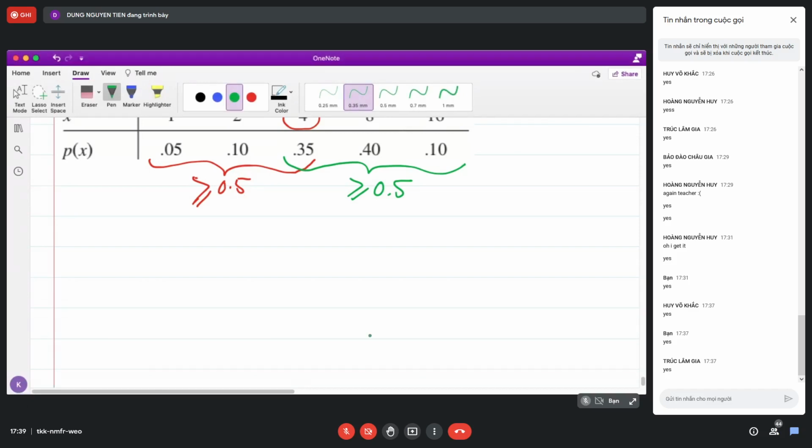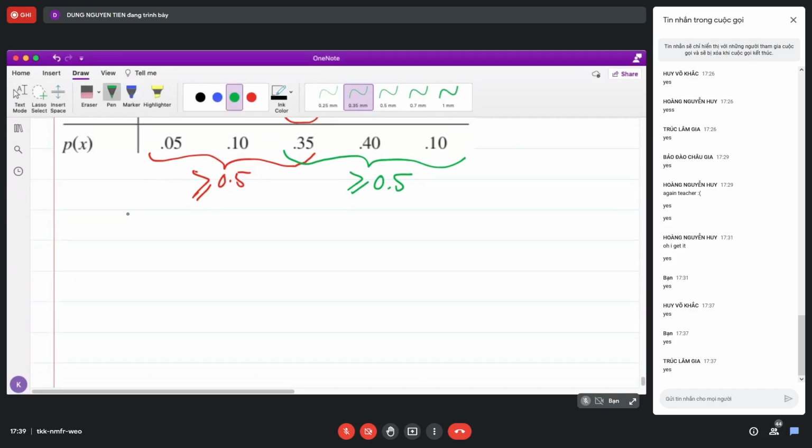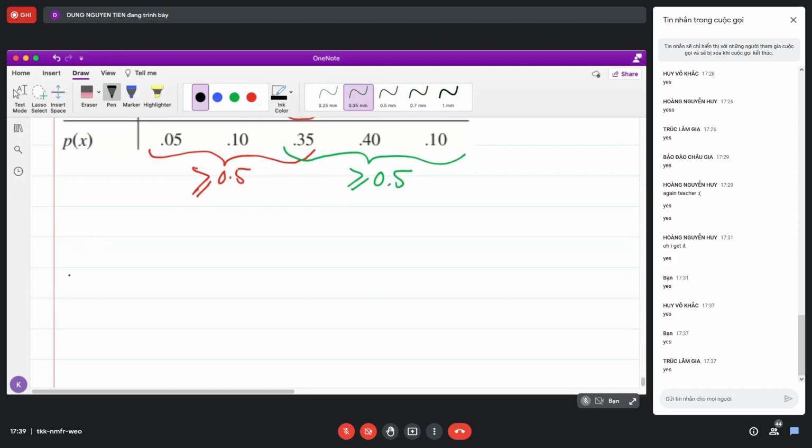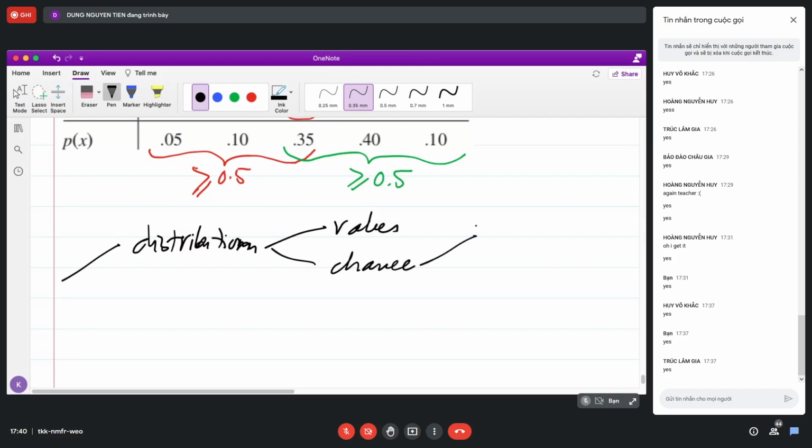So far, what we have learned is about the chance, right? The distribution. You want to talk about the values and then the chance, and then you get the PDF together with the CDF, right?